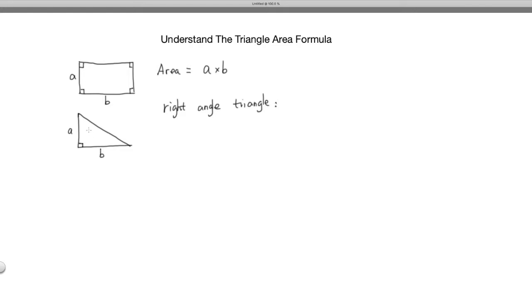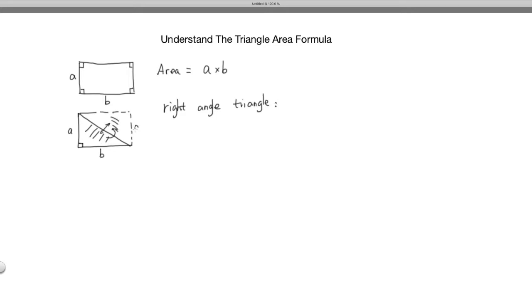Now, to derive the area of this right angle triangle, we're going to turn this right angle triangle around and rotate the same right angle triangle to combine with the original one. So this is another exactly the same triangle.